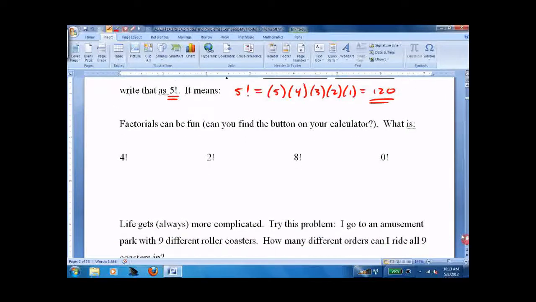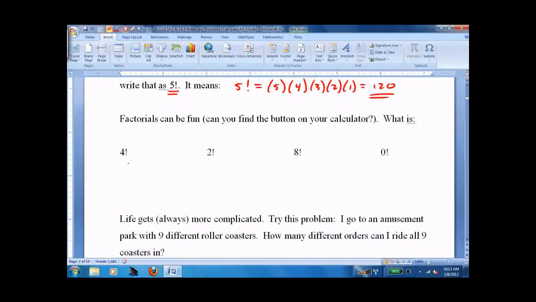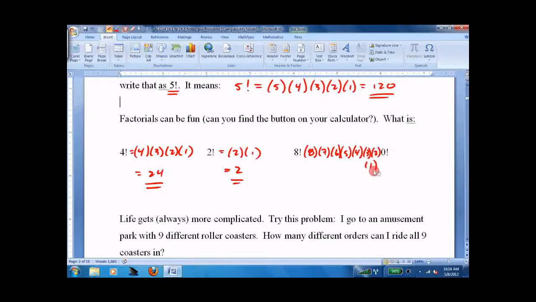Factorials can be fun. There's a lot you do with them. 4 factorial is equal to 4 times 3 times 2 times 1, which is 24. 2 factorial is equal to 2 times 1. 8 factorial is equal to 8 times 7 times 6 times 5 times 4 times 3 times 2 times 1.